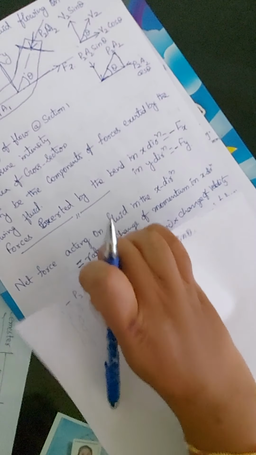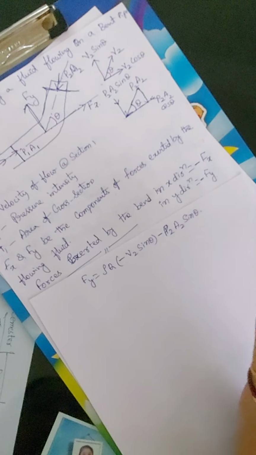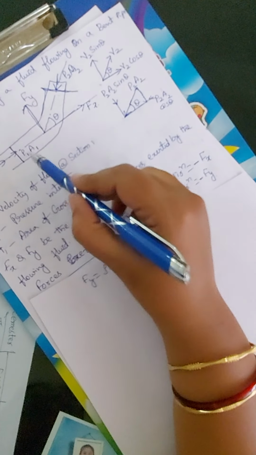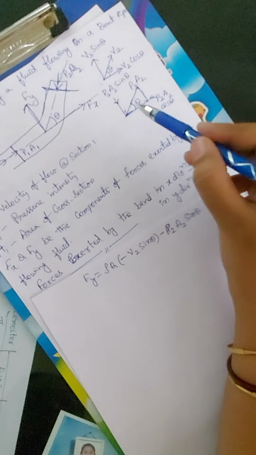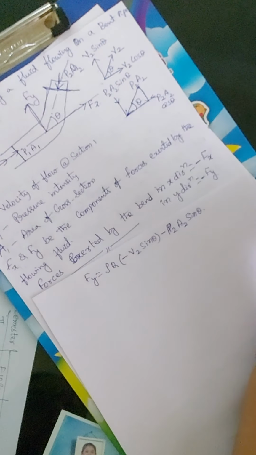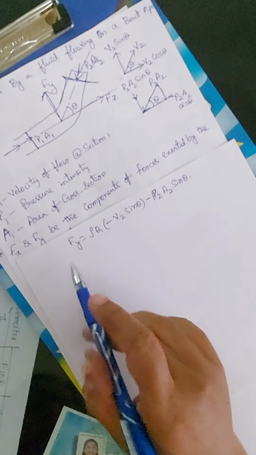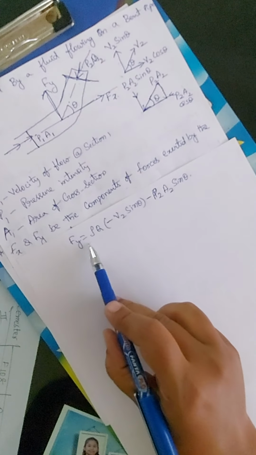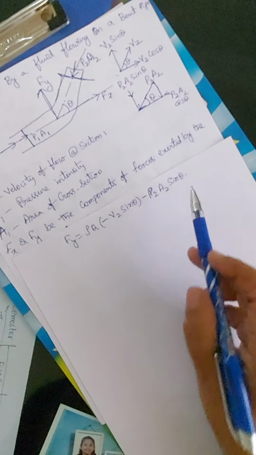Because in y direction we don't have P1A1, the only forces acting in y direction are P2A2 sin theta and V2 sin theta. So Fy equals rho Q into minus V2 sin theta minus P2A2 sin theta.